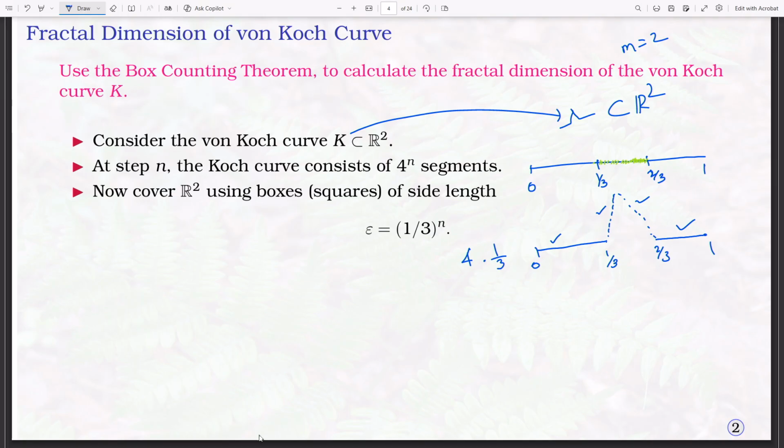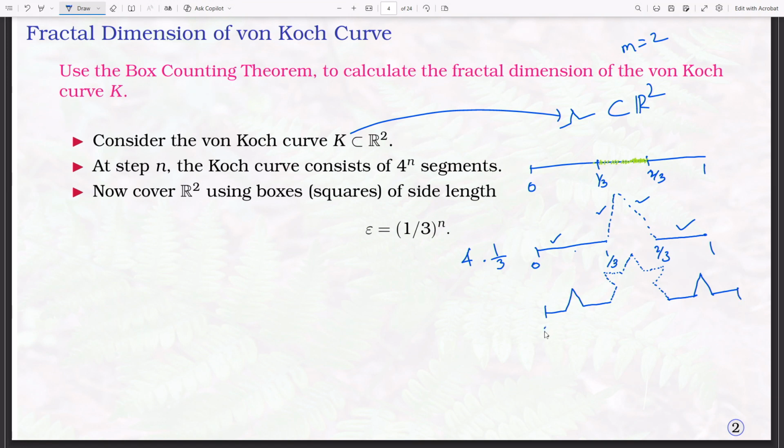Now we do the same procedure on each line segment of the first iteration. In the first line segment one gets this type of curve, and in the second line segment similarly, and so on for the others.